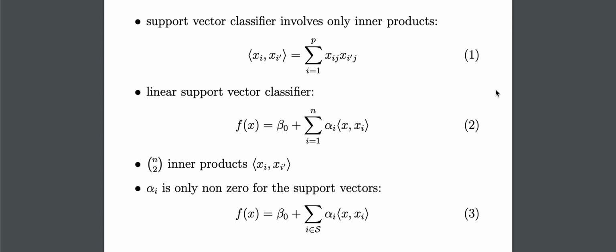But one thing I can tell you is that the solution of the support vector classifier involves only inner products of the observations as opposed to the observations themselves. What I mean is that the xi's only play a role through this inner product. This bracket is another way of writing the inner product between two vectors, essentially xi transpose xi prime.